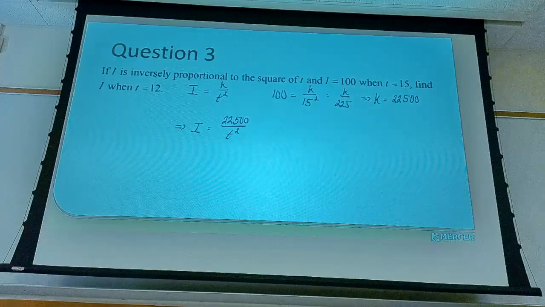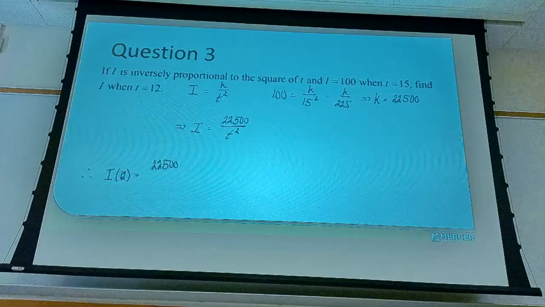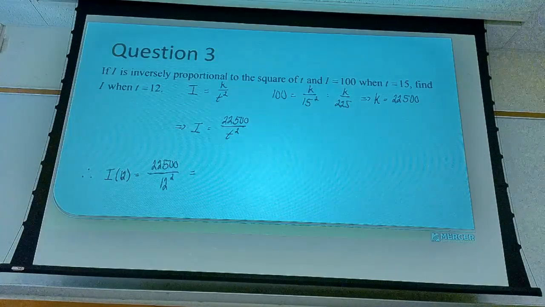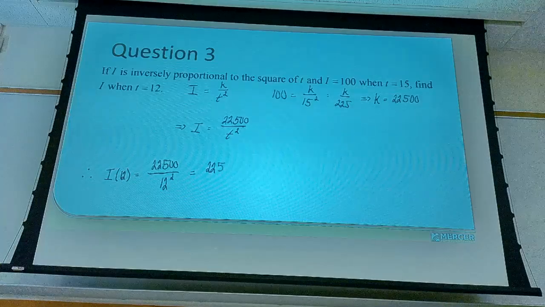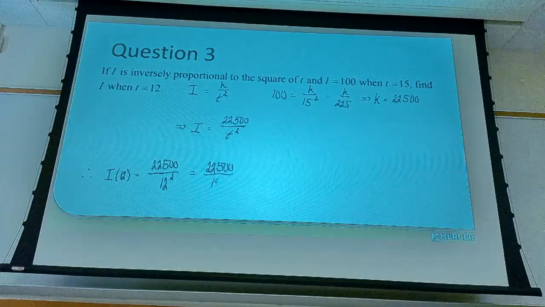Now, what is I when t is 12? Can I use a calculator for that?